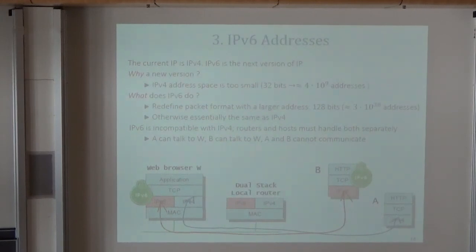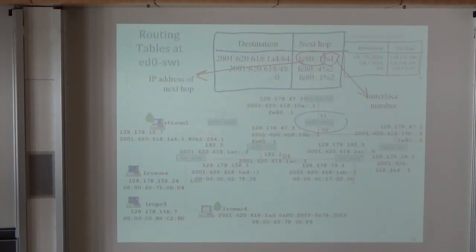An IPv6-only host, as is shown here, can talk only to an IPv6 server, or a server that has both IPv4 and IPv6, but it cannot talk to an IPv4-only server. At least it cannot talk directly. We will need to solve the problem, and this creates considerable complication that we will see a bit later.